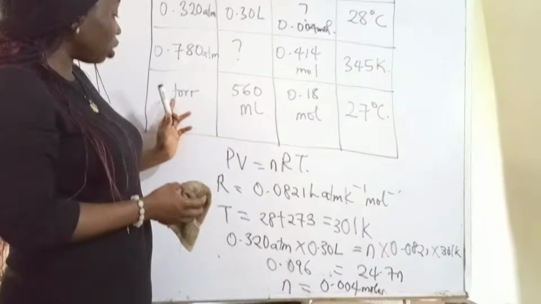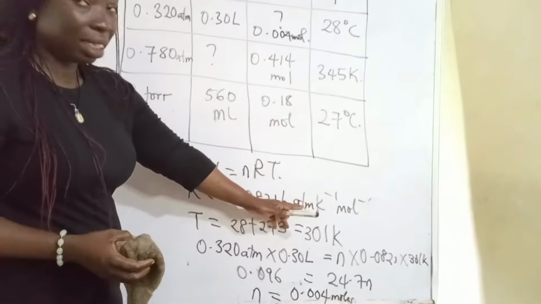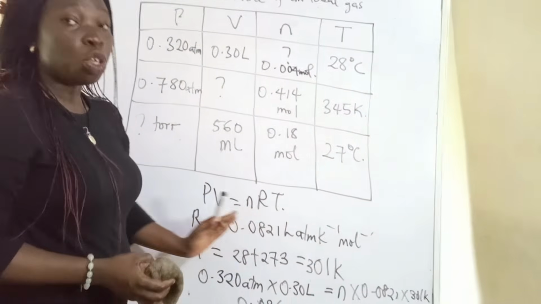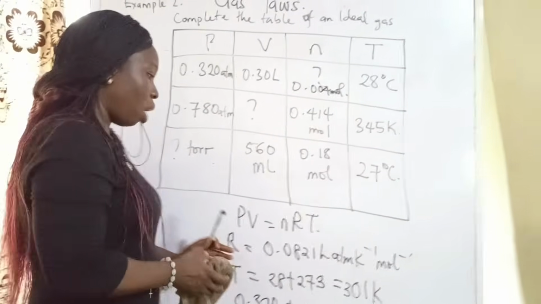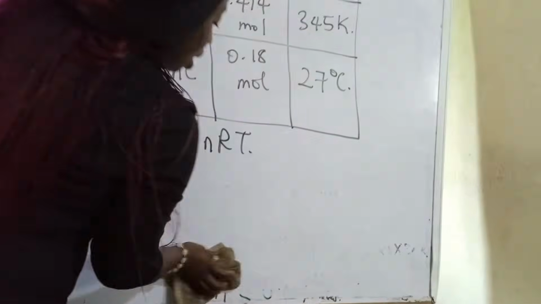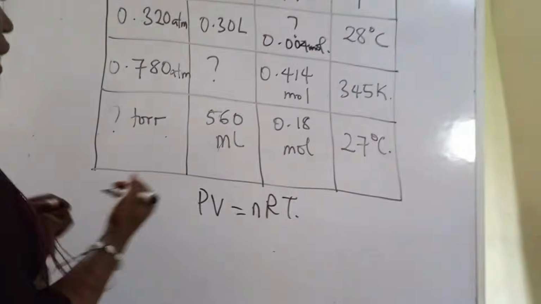Because the pressure in your R value is in atm, that means when you get your pressure in atm, you will convert it to torr. And how do you do that? You simply put the parameters into the formula.